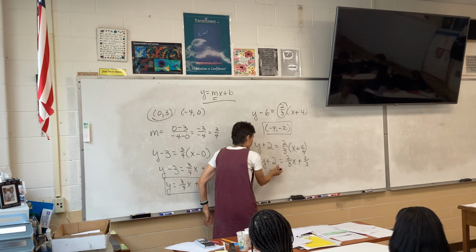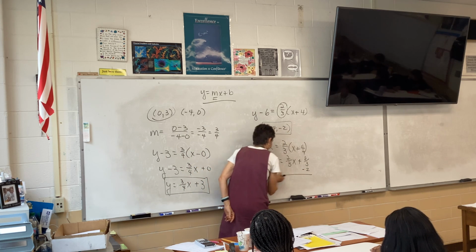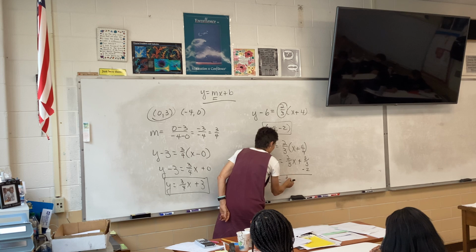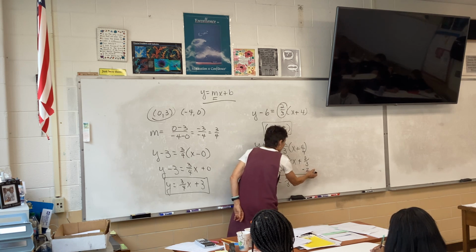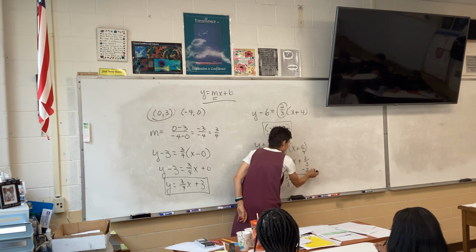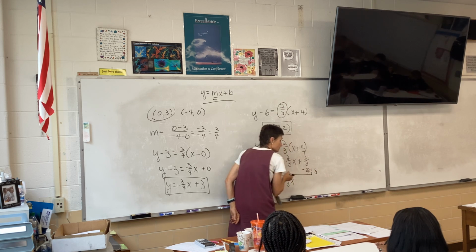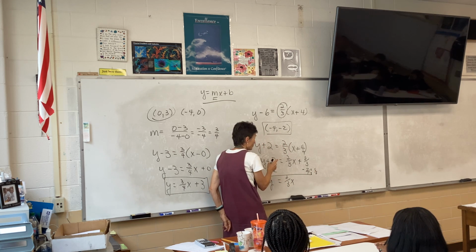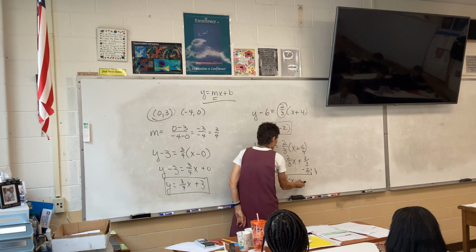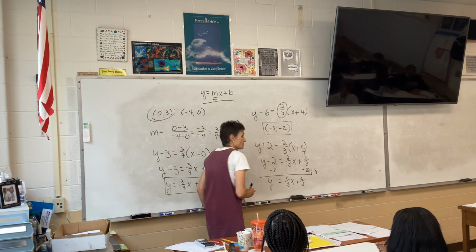And then I need to subtract 2. So keep in mind that 2 is 6/3. So 8/3 minus 6/3 would be 2/3.